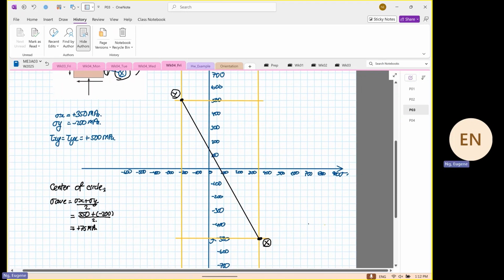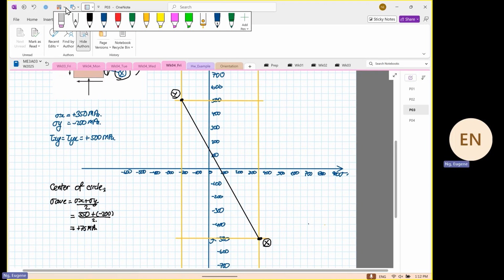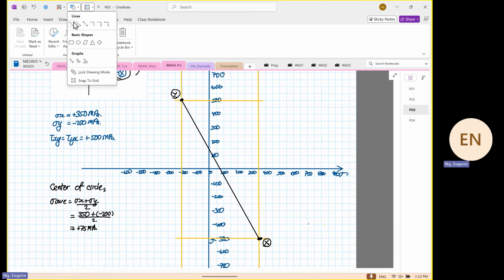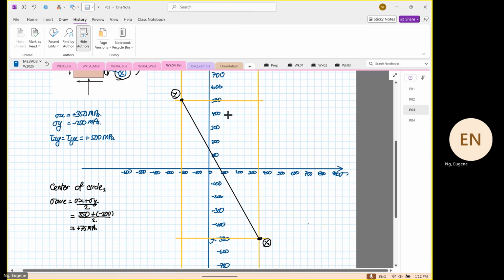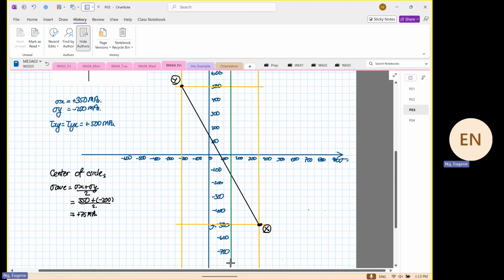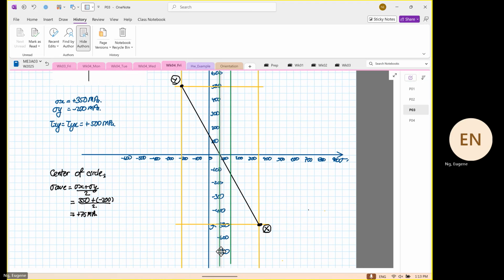Now we know that this is the center of the circle. Always remember, circle is a beautiful thing. You can see we are smack on, and we are going to label this as point O.